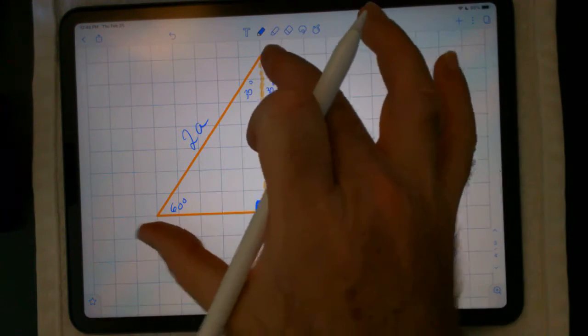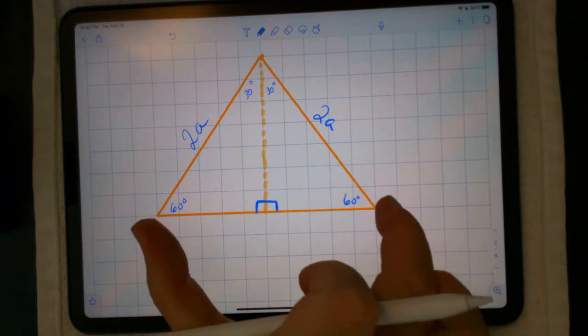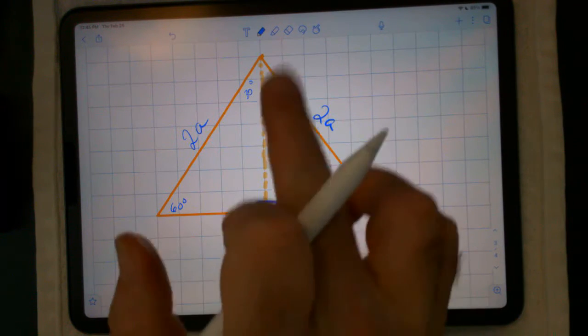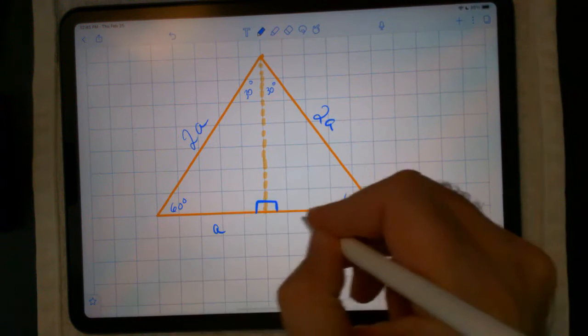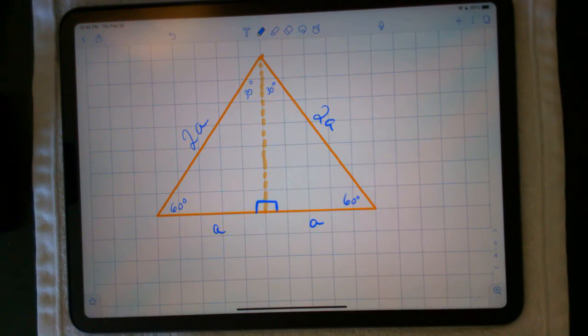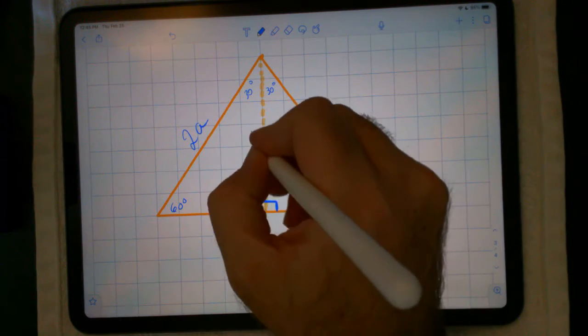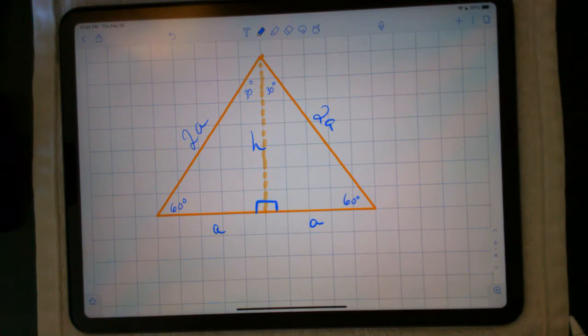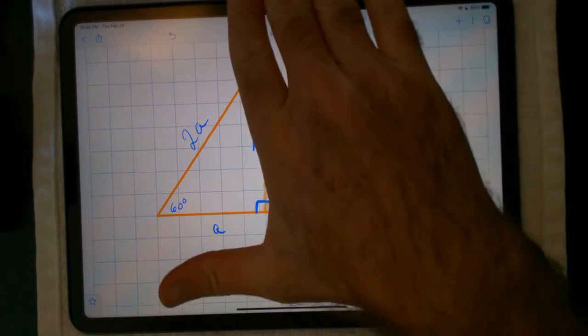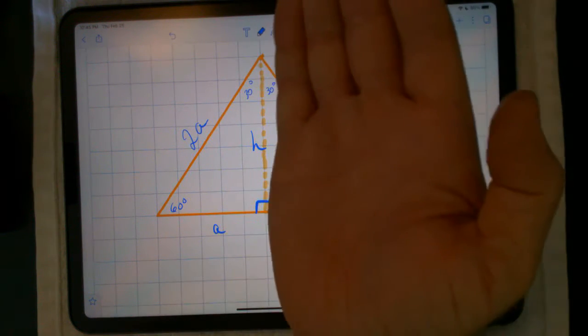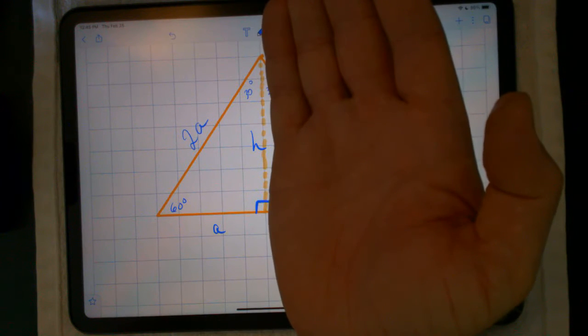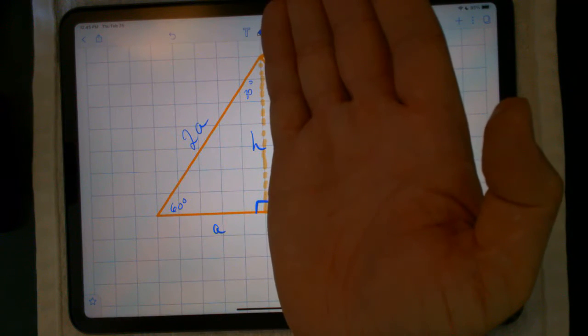So this whole length is 2a, this whole length is 2a, this whole length is 2a, but we have cut that in half. So each one of these is now only length a. The question becomes, what is your height? And so if we just look at one half of this triangle, a 30, 60, 90 triangle is a very common triangle you should be familiar with.